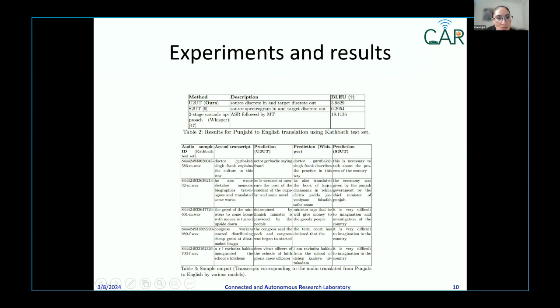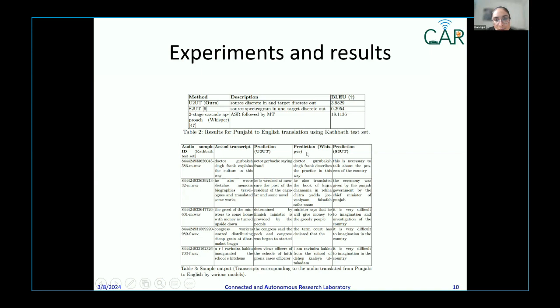Here, the actual transcript for this speech is Dr. Gurbaksh Singh Frank explains the culture in this way. So this is the ground truth. The prediction by the unit-to-unit translation model was actor Gurbaksh Singh brought. So it's not perfect, but it tries to produce sounds that are similar to what's in the actual speech.